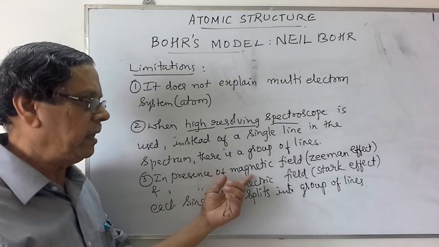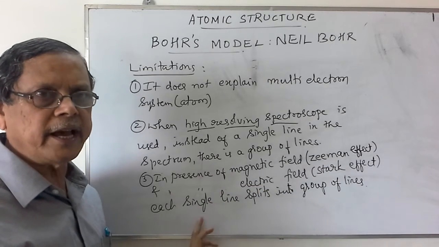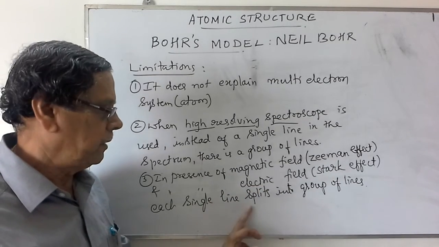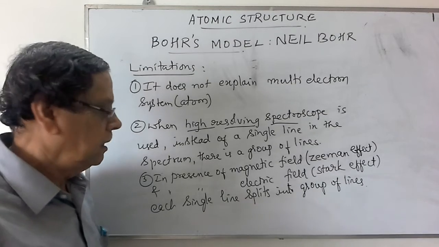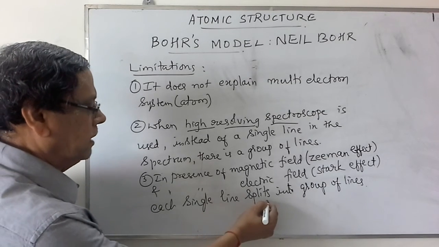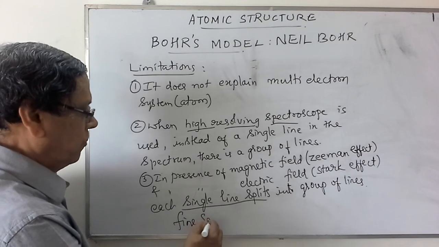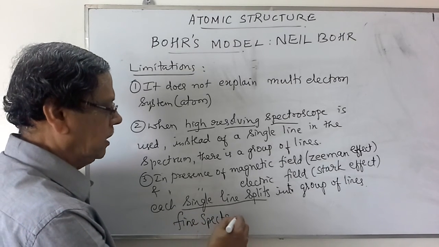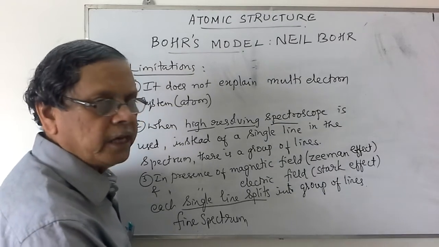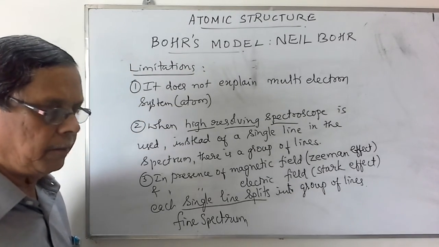But in the presence of a magnetic or electric field, each line splits, giving rise to a group of lines, which is called the fine spectrum. The fine spectrum of hydrogen or atoms cannot be explained by considering the Bohr's model.